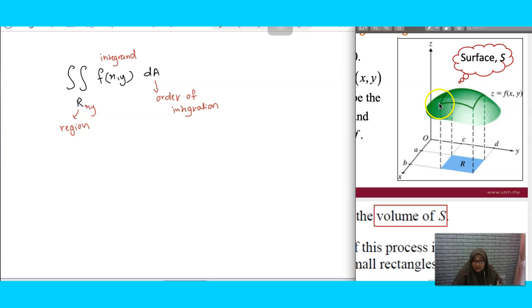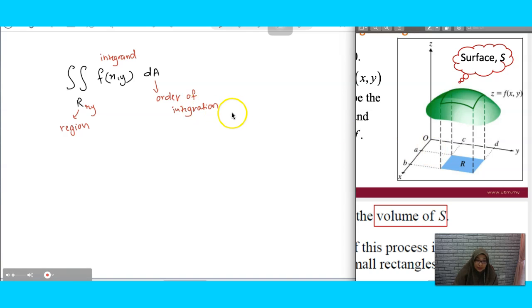The region is the 2D shape that you see from Z when you are looking down. You can see this just like a triangle shape, right? But it's not necessarily a triangle. It can be any kind of region. In general there are two types of region: rectangular region and non-rectangular region. So that is about the R.